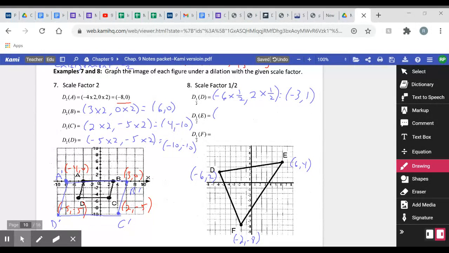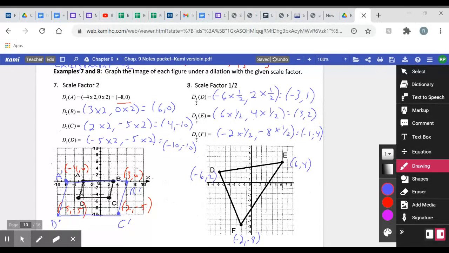Next, E is at 6, 4, so I've got 6 times 1/2 and 4 times 1/2, and that gives me the point 3, 2. And last, on F, I've got -2 times 1/2 and -8 times 1/2, and that gives me the point -1, -4.